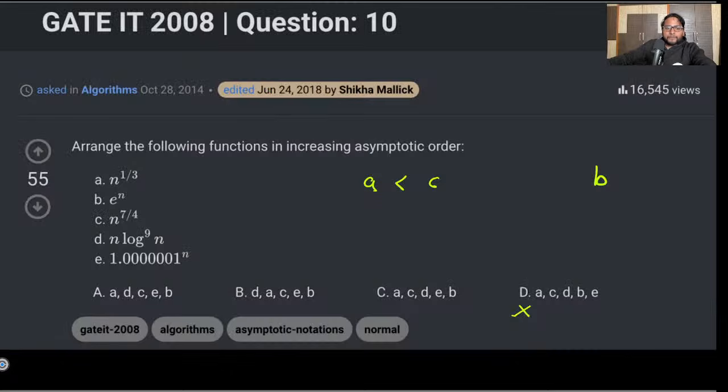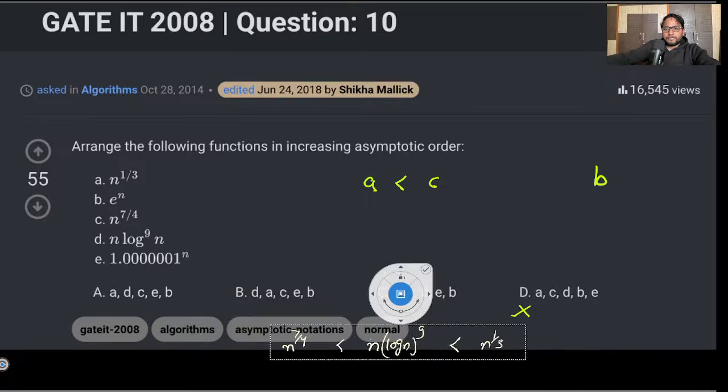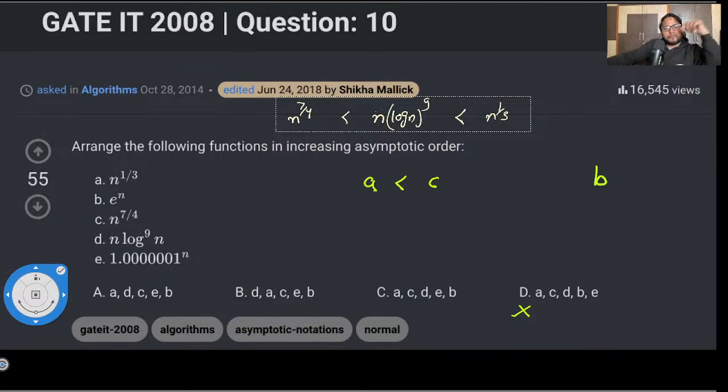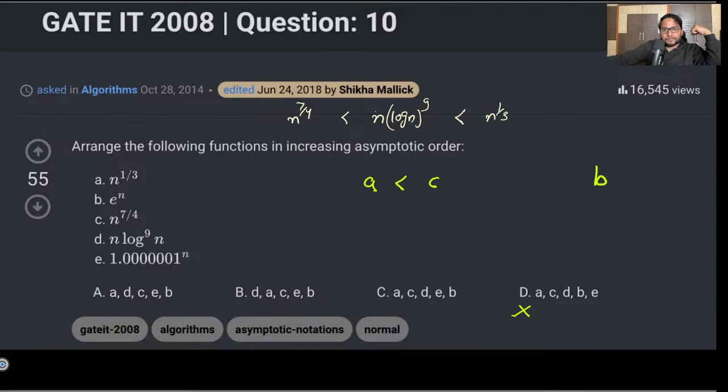So here you can say the relation is this. You can say that n^(1/3) is A, this is D, this is C, C, D, A. Sorry, I think I put a wrong symbol. It should be greater.